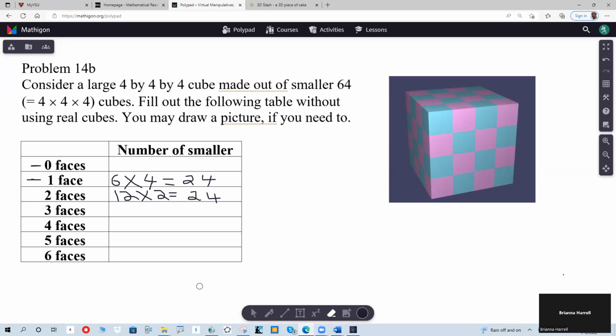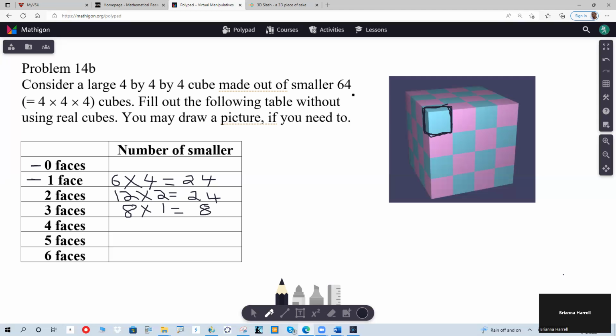All right. Three faces are very easy. Three-face cubes are at the corners. Ask yourself how many corners there are. There are 8 corners, and three-face-showing cubes are always going to be at these 8 corners. One cube per corner, 8 corners, so I'm going to take 8 multiplied by 1 and get 8.